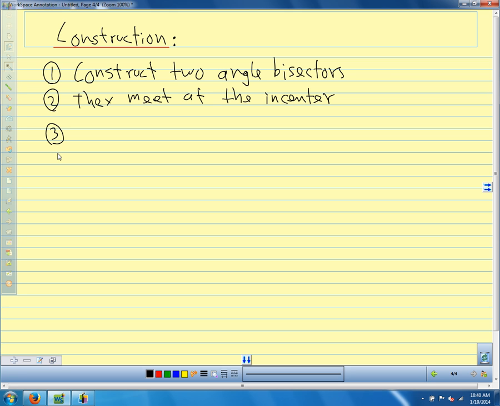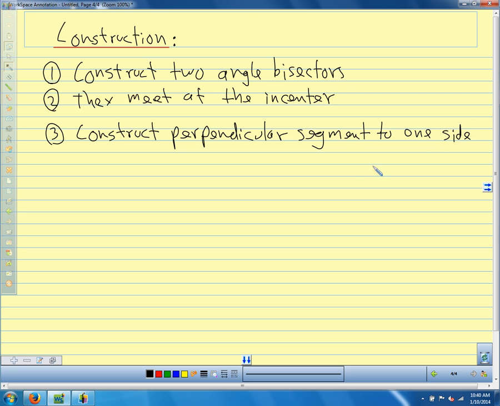Now, because our distance is perpendicular to the sides, we have to construct that perpendicular segment to one side.